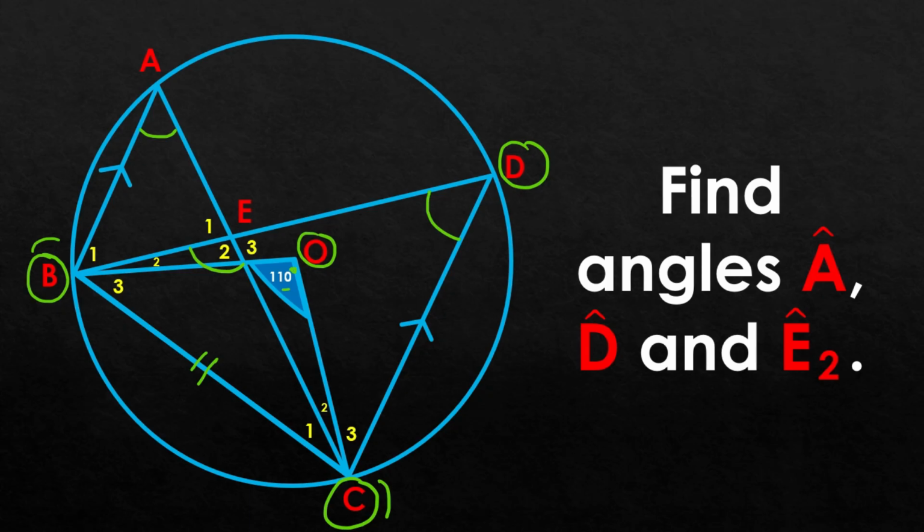And as we know, the angle that we are going to find at the center, in this case angle 110 degrees, this one, is always double the angle that we are going to find at the circumference, provided that the bases are the same. So we have established the base is the same for triangle BOC and also triangle BDC.